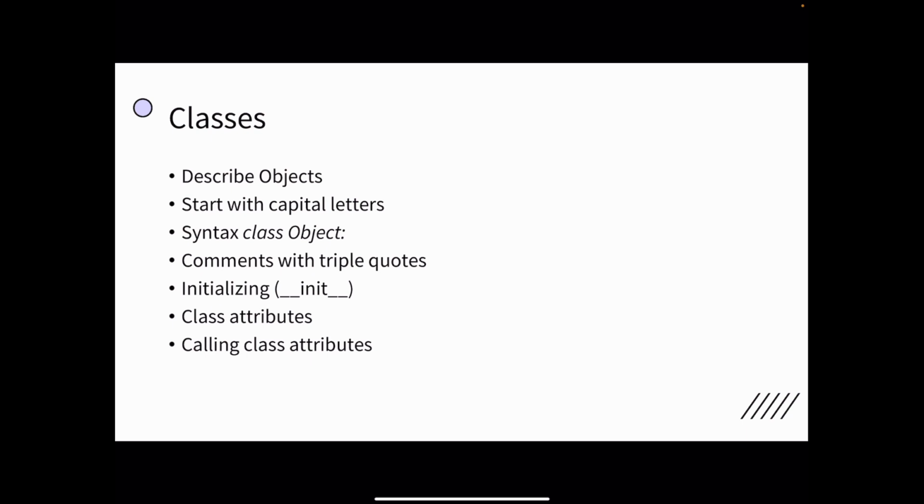Class attributes are the items that you build into the class that actually describe that real world object. So for instance, a car could have an attribute of color, make, model, size, how many doors. It's something that is describing that object, and that's what those attributes are.